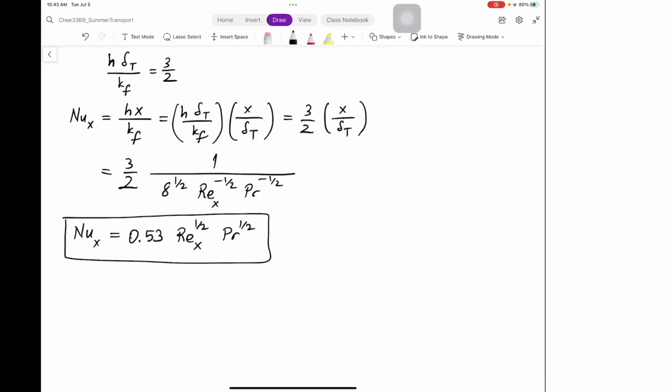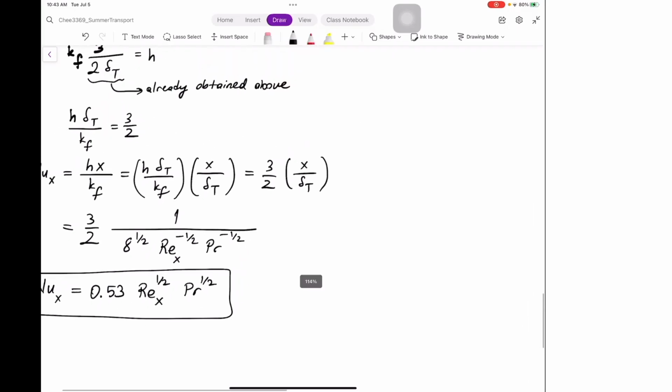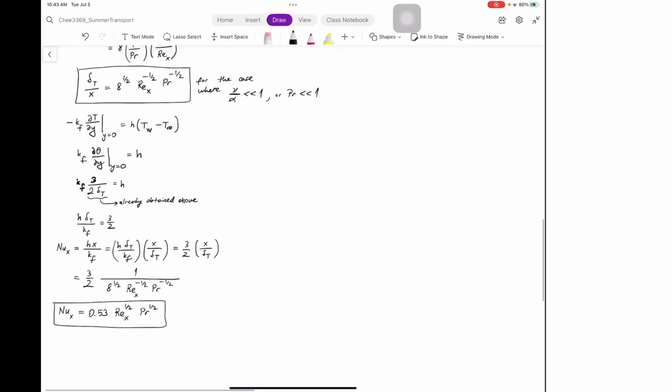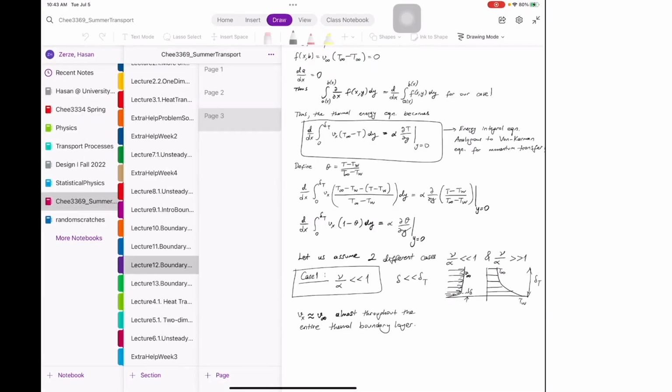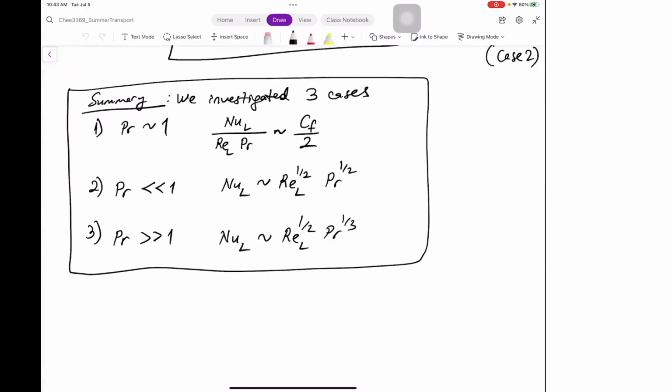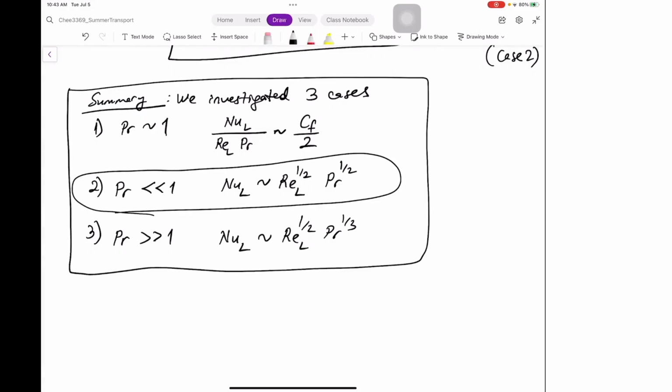Does it agree with our earlier analysis? Let's check. We had done a scaling analysis, right? Look at that. Isn't it wonderful? We had already found earlier using scaling analysis that the Nusselt number scales with the square root of the Reynolds number and the square root of the Prandtl number, for the case where Prandtl number is much less than 1.